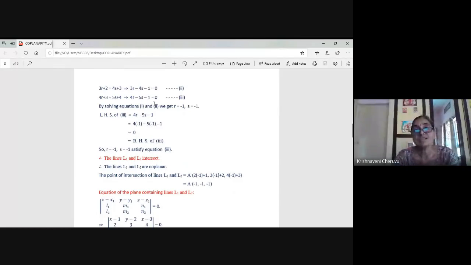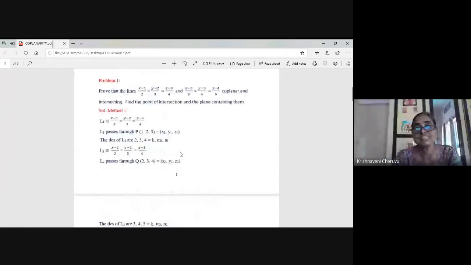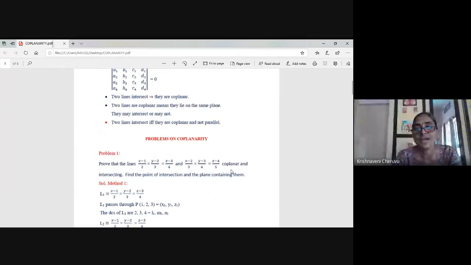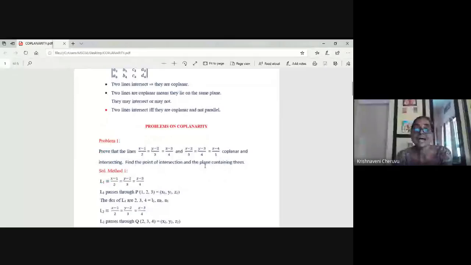Now, what else is asked in the question, girls? He asked you to check whether they are coplanar and intersecting, and also find the point of intersection. Till here we finished. Now we have to find the plane containing the lines. It means they are coplanar, so you have to find out on which plane they are lying. So you are now going to find the equation of the plane containing them.